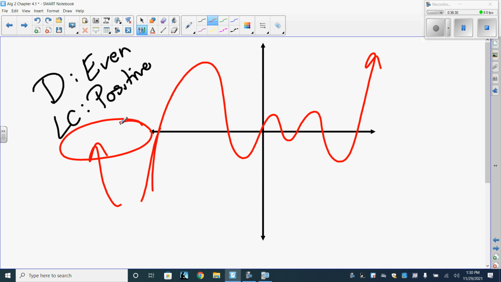Now, the reason that this is helpful is, well, when we think back to quadratics when we were solving by graphing, we were trying to find the spots where the graph crossed the x-axis. Because any spot where it crossed the x-axis was a solution, yes? Well, by knowing that this is even and positive, I know that this has to come back up and cross the x-axis at some point.